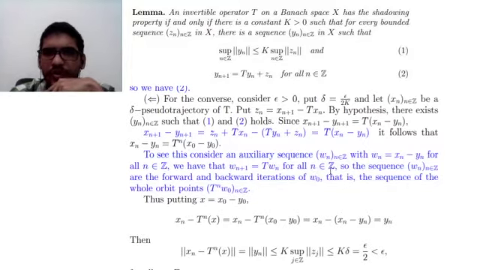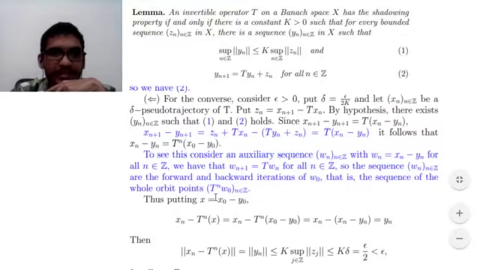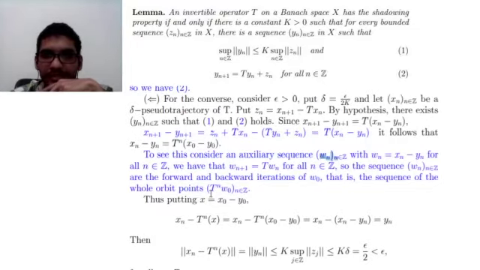This happens for all n in Z. So the sequence w_n are the forward and backward iterations of w_0, that is, the whole orbit T^n w_0. So this sequence w_n is the same as this, and that's why this is true.